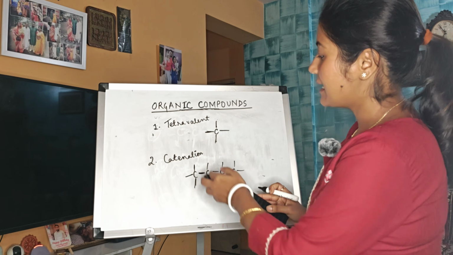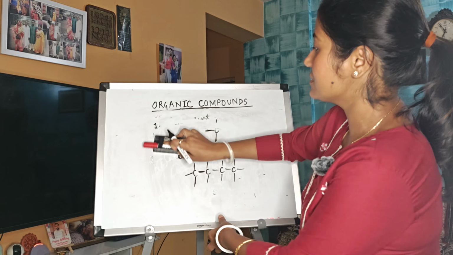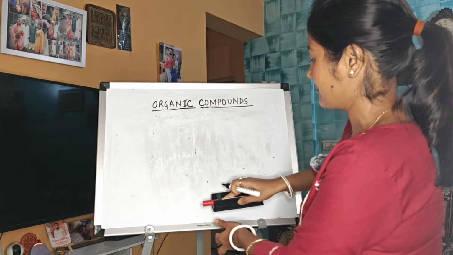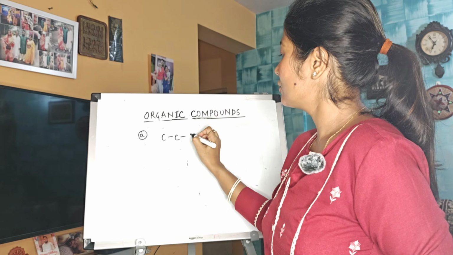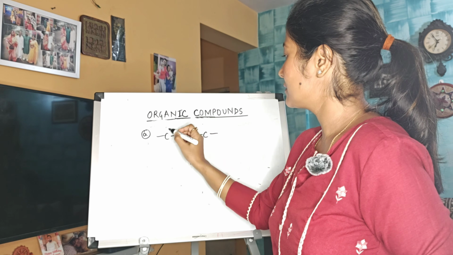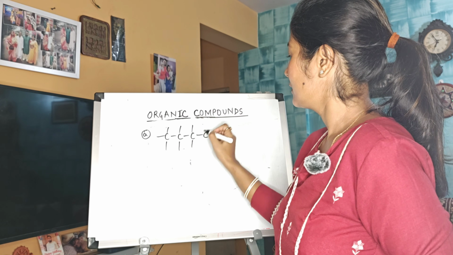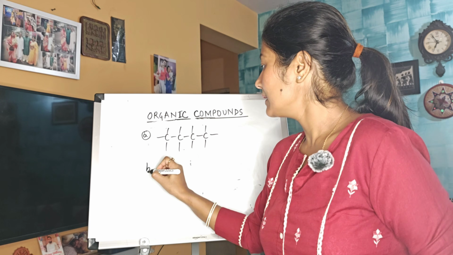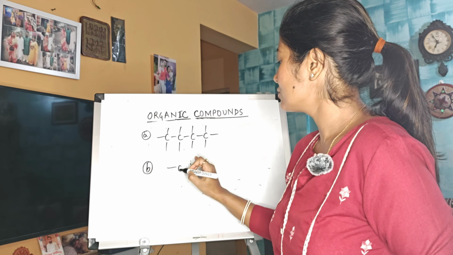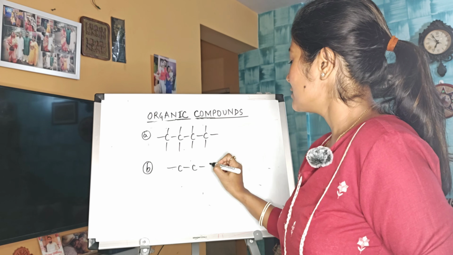Now this self-linkage of carbon atoms can be of various types. Number 1, carbon can link with other carbon atoms in straight chains. This is one pattern by which self-linkages are possible. Next, carbon can link with other carbon atoms in branched form.